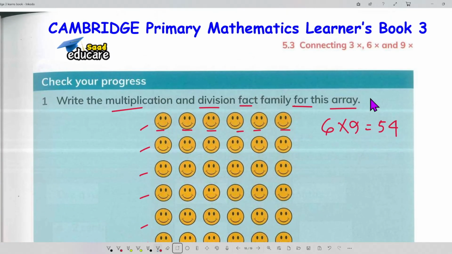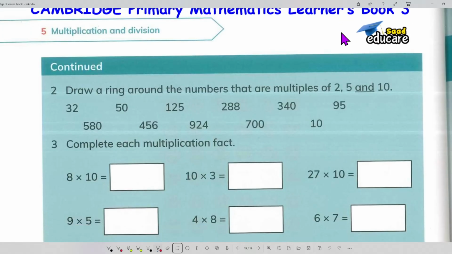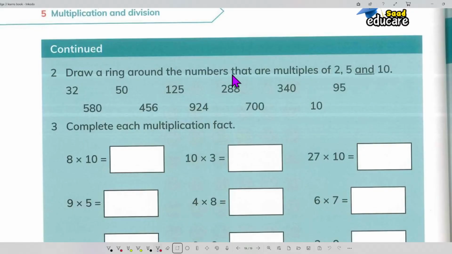So this is the progression part. Check your progress. Number 1 is done. Number 2, draw a ring around the numbers that are multiples of 2, 5 and 10. First, we have to find the numbers whose unit digit is 0, because if the unit digit is 0, it means this is an even number.